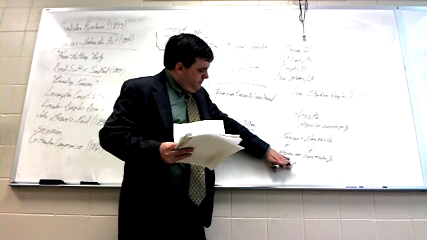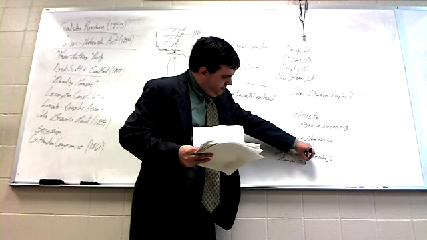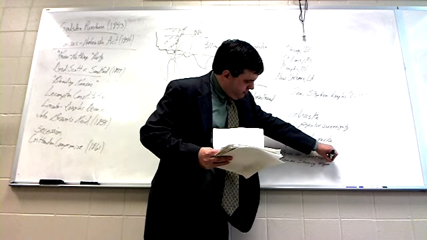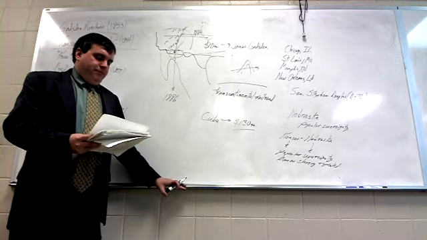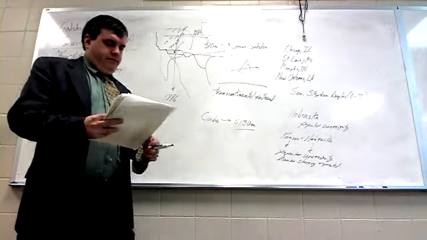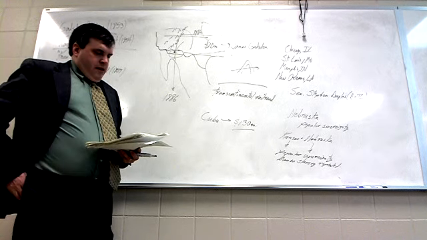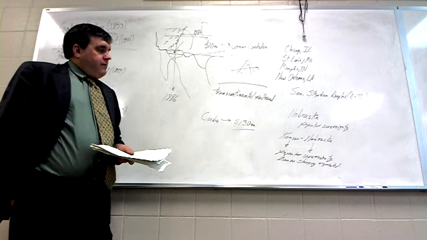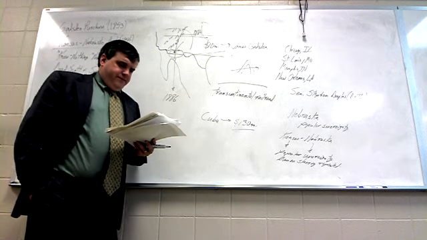And the ban on slavery was repealed. Essentially, what had been a deal is a deal no more. So now people can bring their slaves into those territories if they want.